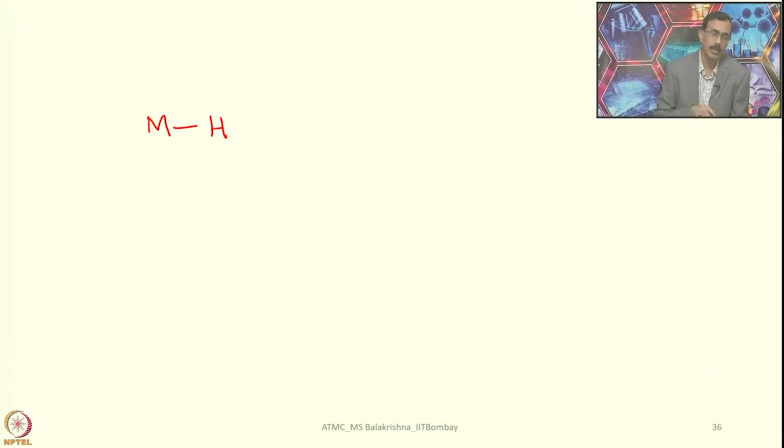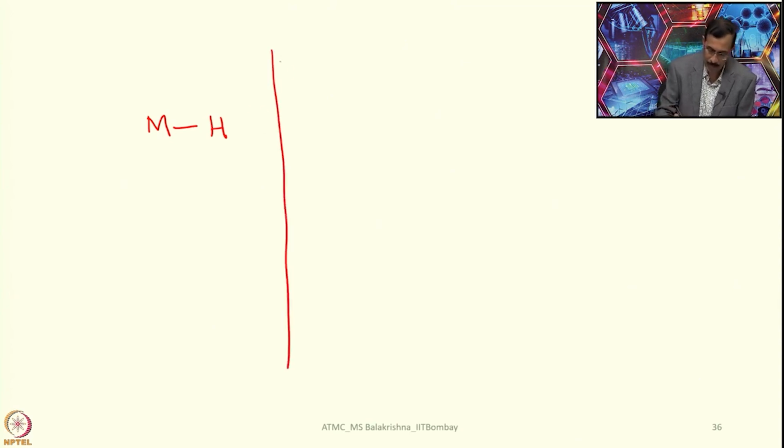Let me start writing a few such reactions to make you familiar with the importance of MH bond. Let us consider one MH bond, let us not worry about what other ligands we have. So, we will start with what would happen. I will keep on writing several reactions here.